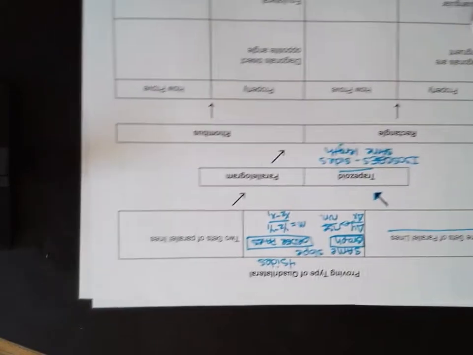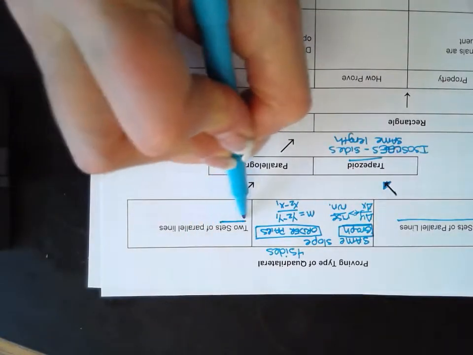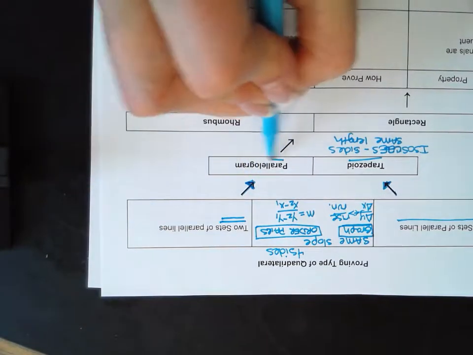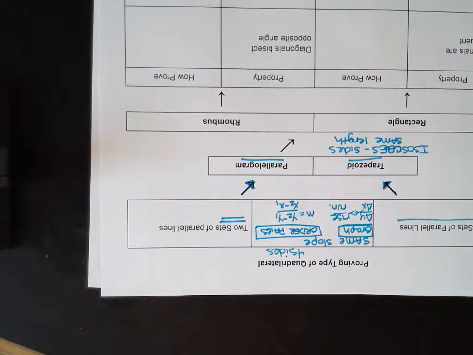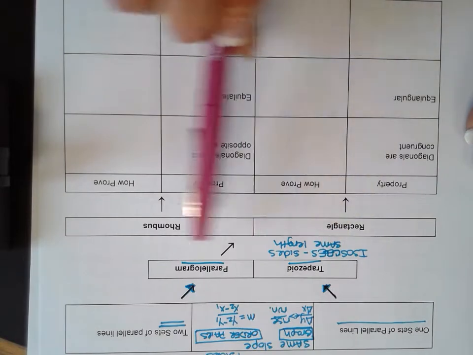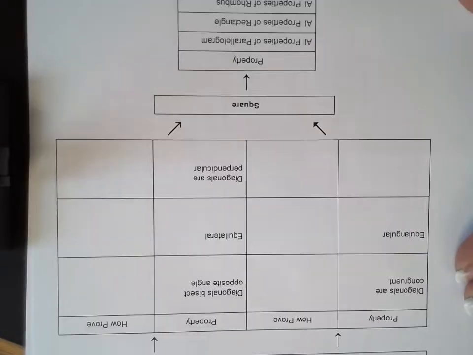If you have two sets of parallel lines, then it's a parallelogram. However, parallelograms have a lot more things they could be. They could be a rectangle, a rhombus, or a square.